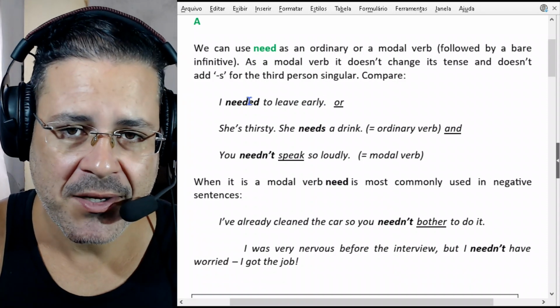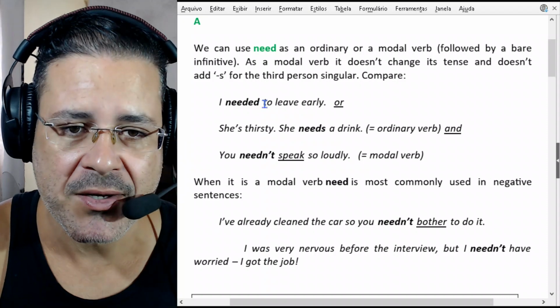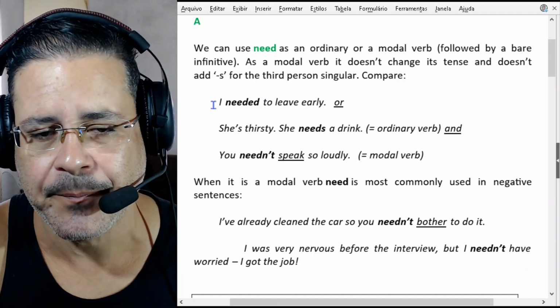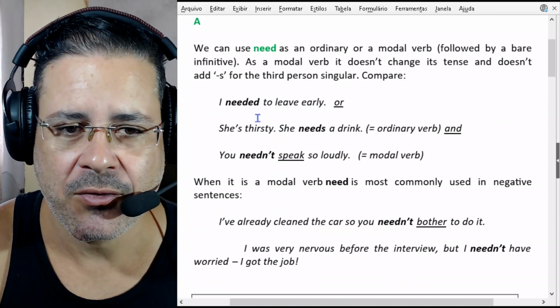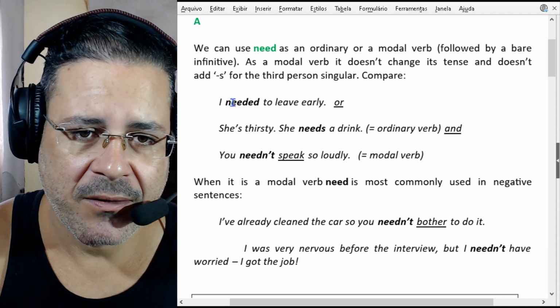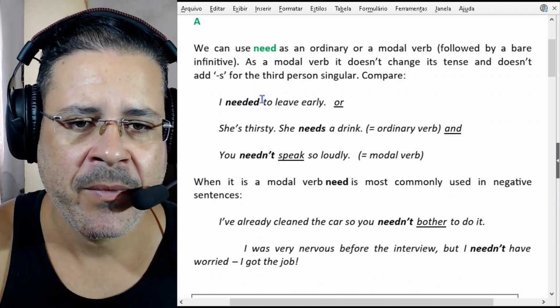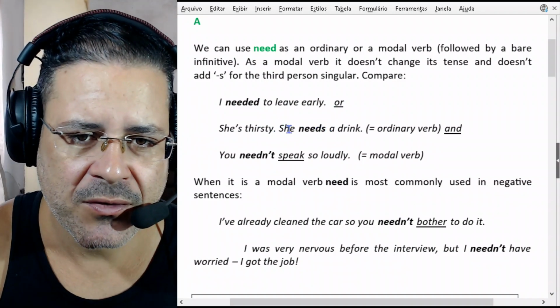So we've got, I needed to leave early. This is in the past, so I changed the verb need. I put it in the past. So this is an ordinary verb. I needed to leave early. Or she's thirsty, she needs a drink. So we put the verb need in the past with ed, and we put need in the present according to the third person.